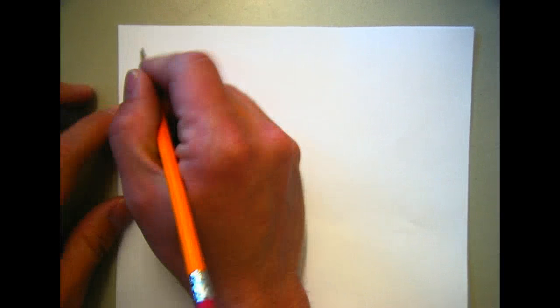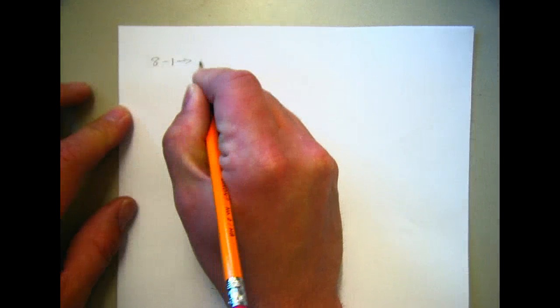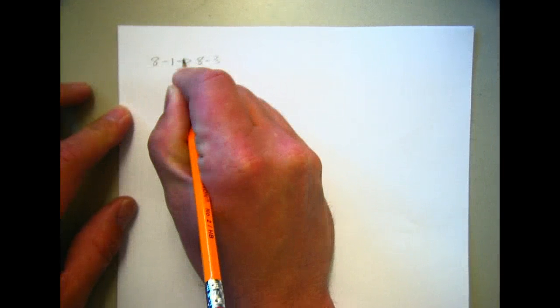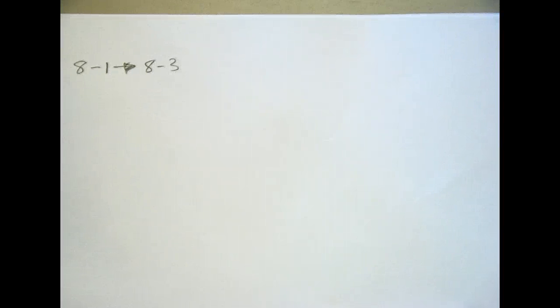Hey, chapter 8, all we did was exponential growth and decay to begin with. If we think back to 8-1 through 8-3, that was exponential growth and decay, and dealing with graphs.